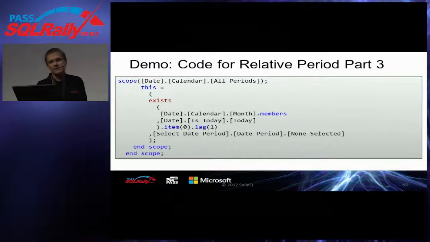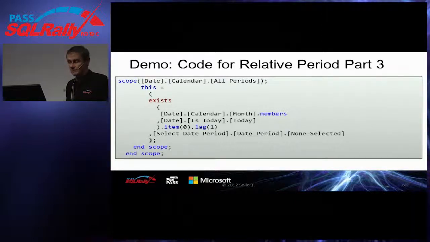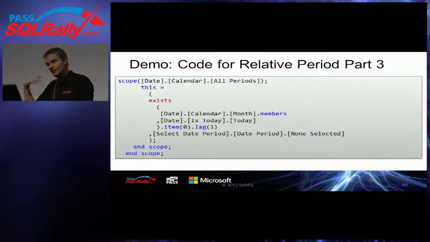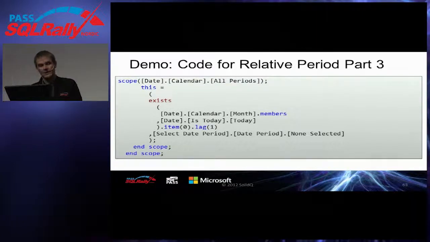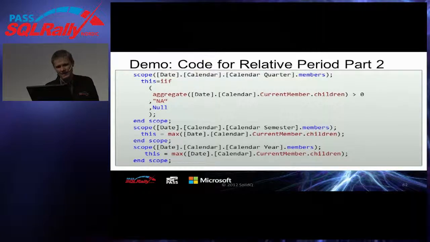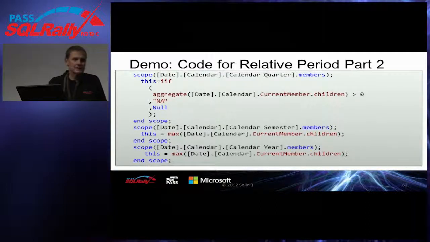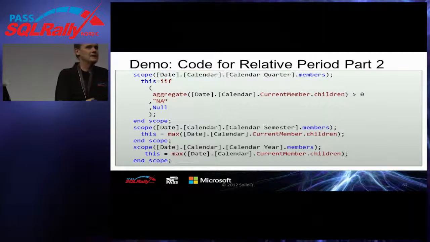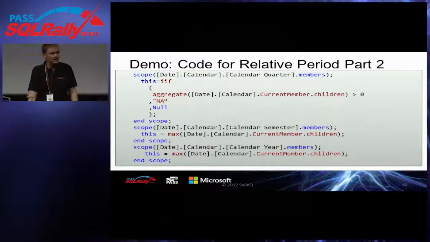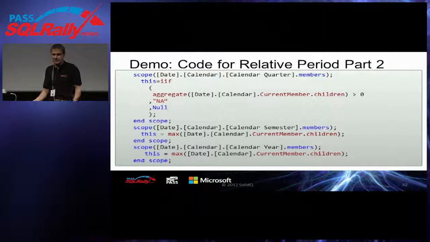Because for some of these calculations, some of them will work without doing all the levels, but a lot of them you have to do all the levels in order to make things show up correctly. And normally, a best practice in MDX is that if something is null, you should leave it null. You shouldn't set it to 0 or NA or something like that.